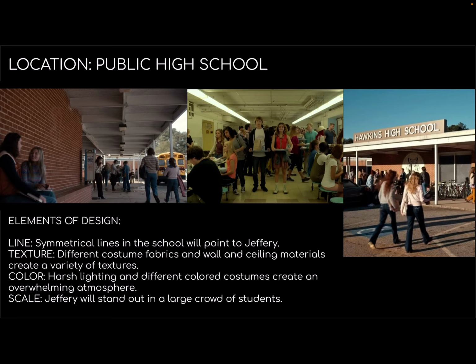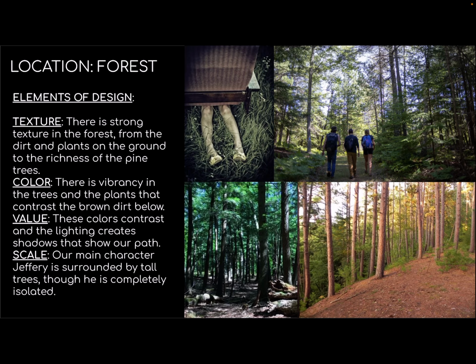Different texture, because there's going to be a lot of overwhelming visuals in this scene, such as all the students and their clothing, the bricks, the ceiling lights. There's a lot of different colors, and the scale is going to be really important because we need Jeffrey to stand out in this large sea of students when Jeffrey is someone who typically just blends in.